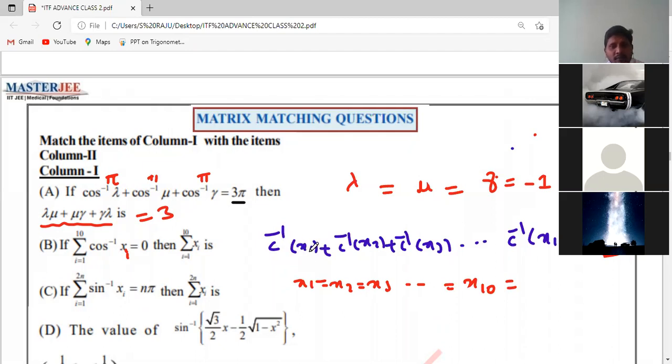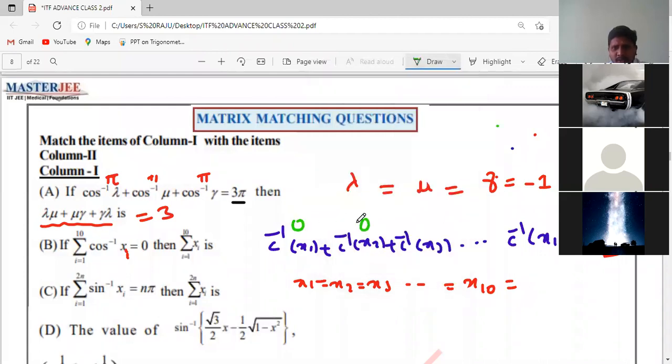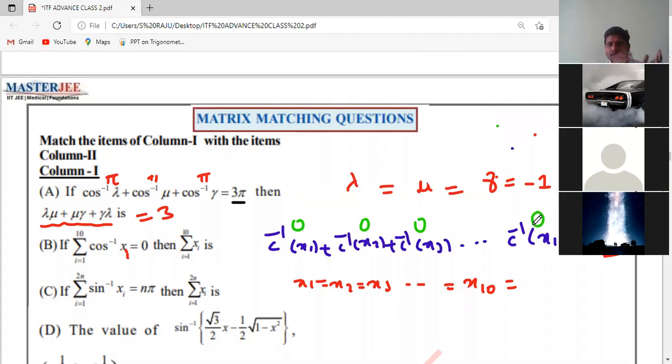Cos 0 is 1, so cos inverse 1 is 0. If all the values are 0, then only the right side becomes 0. If any one of the values is non-zero, we don't get the RHS value. Either some values could be positive and some negative, but equal.